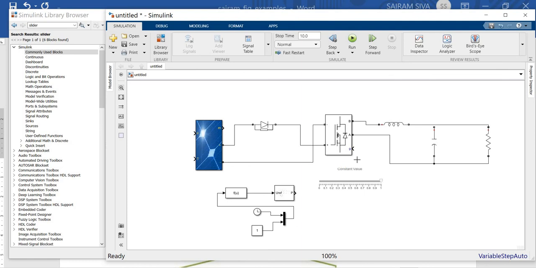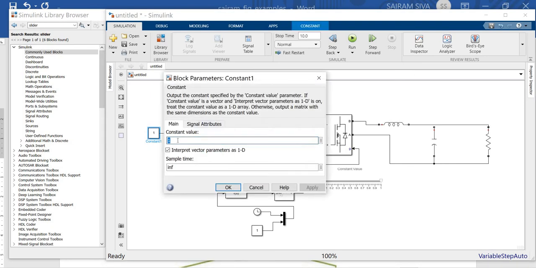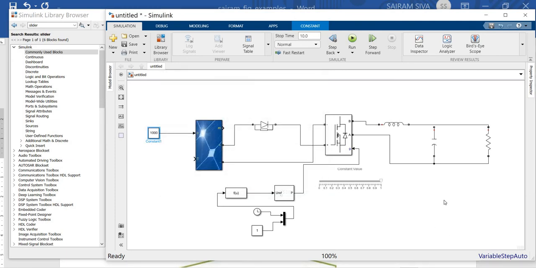So this is the sine wave connected, the pulse is connected in this circuit. The next thing, I am also going to connect the irradiation value. Irradiation is 1000 watts per meter square, right?